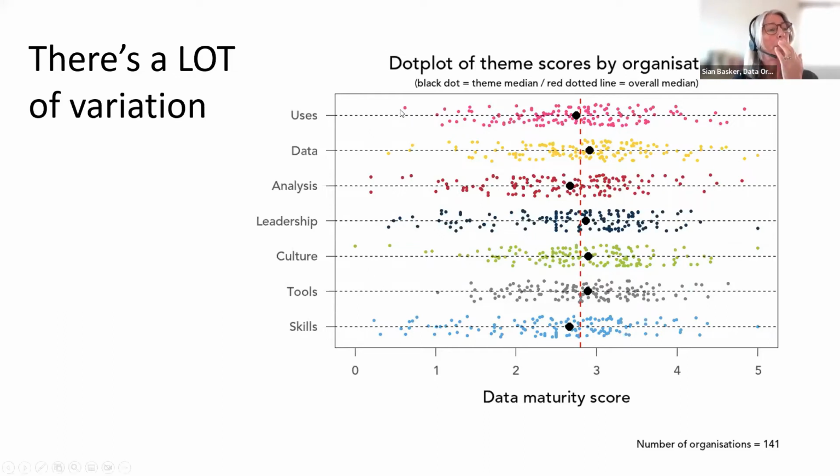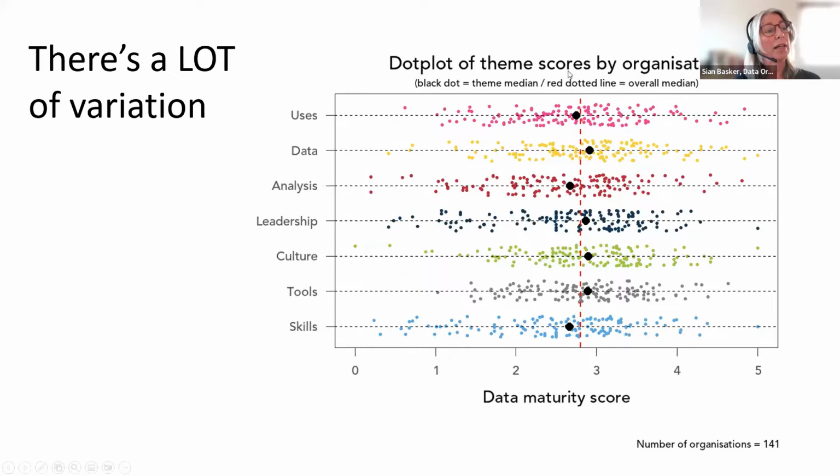So what you can see overall is, for all 7 areas, there's a real diversity of scores for organisations. And in fact, you do get quite a lot here between 0 and 1, which is the unaware stage. So even if the organisation as a whole hasn't scored in that stage, when you break it down in some areas, some organisations are.